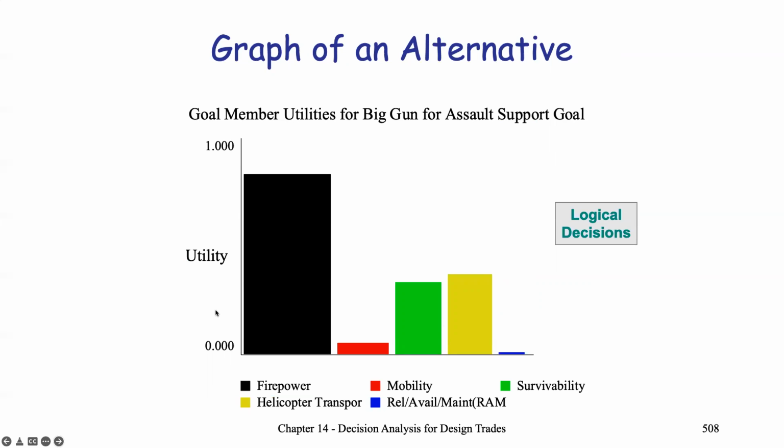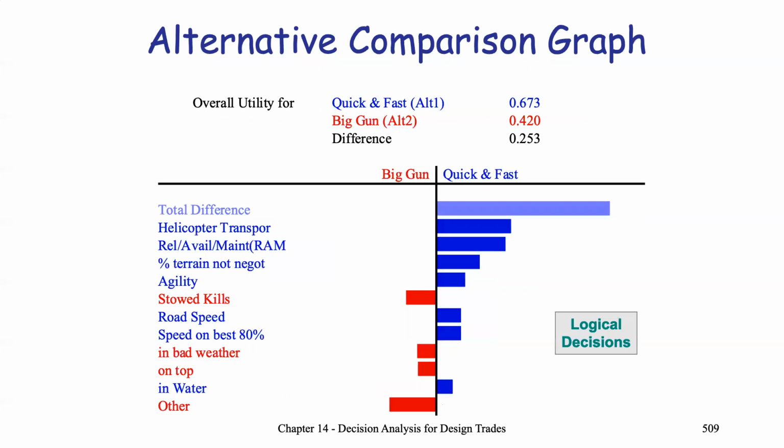We're starting to show an aggregation of these things in terms of firepower, mobility, survivability, helicopter transport, and reliability, availability, and maintenance. Here we're seeing that for a specific scenario being fleshed out. Does that perform well enough to meet the requirements of both the Marine Corps and the Army for them to go forward with that option?